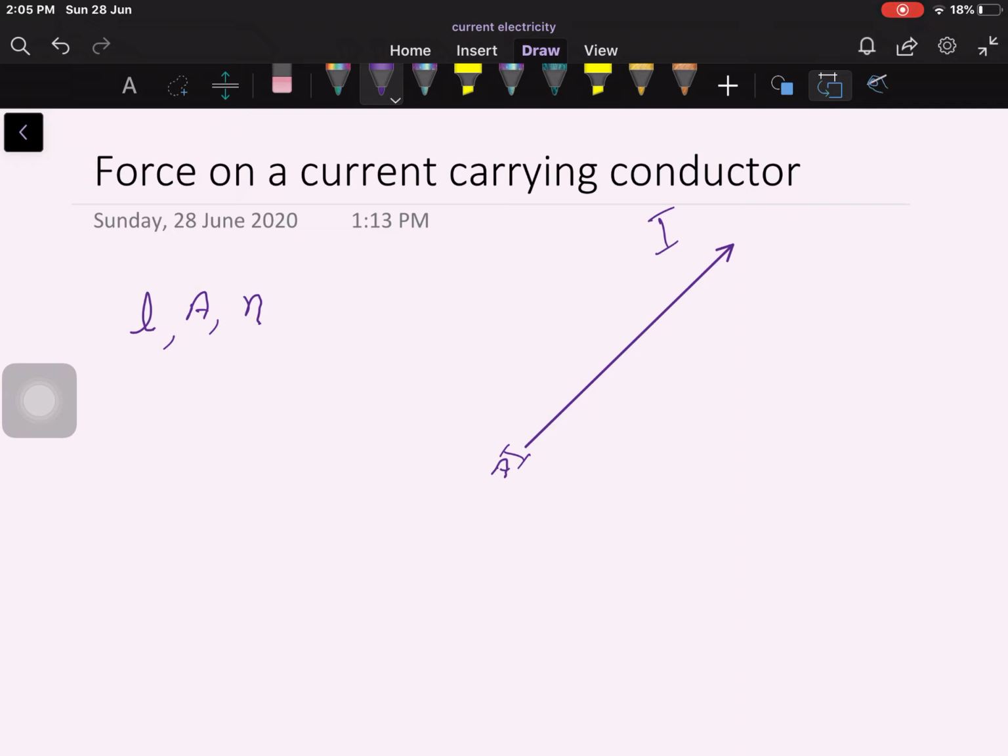So the number of free electrons available in this current carrying conductor is N per unit volume. So how many total electrons are there? How can we find the total free electrons in this current carrying conductor? We can say the number of electrons per unit volume into the volume of the conductor.